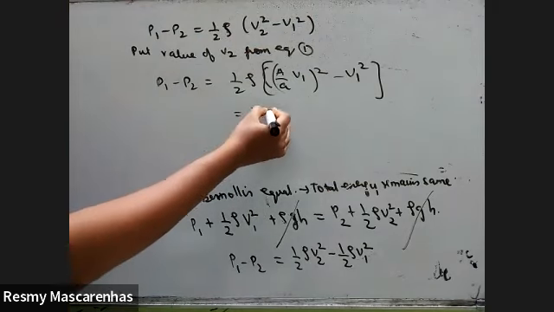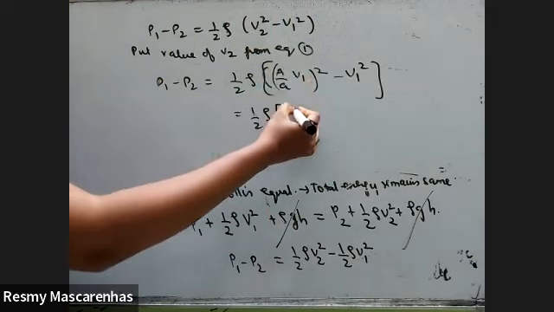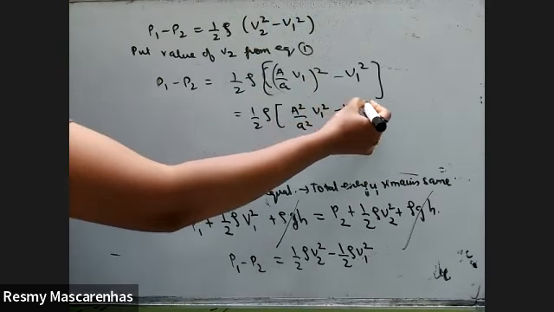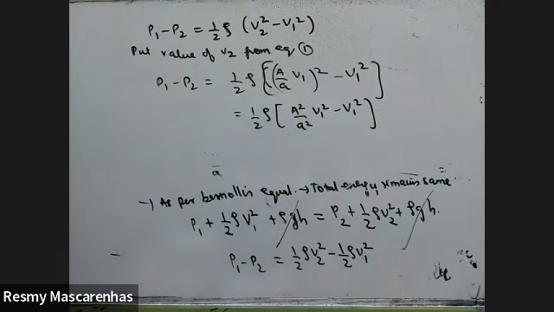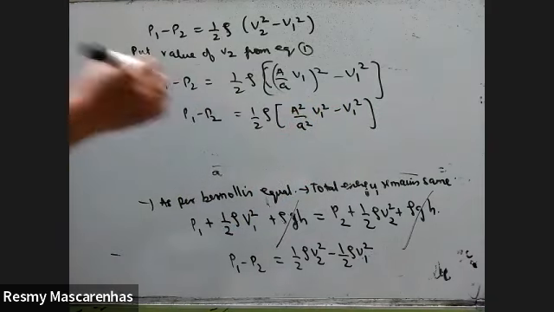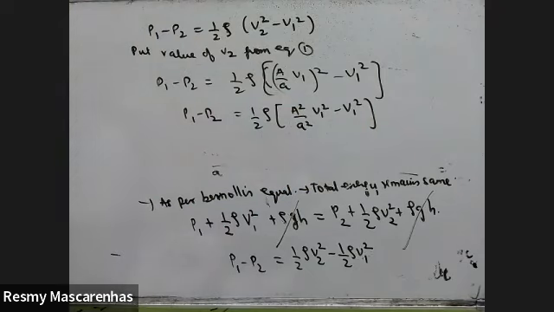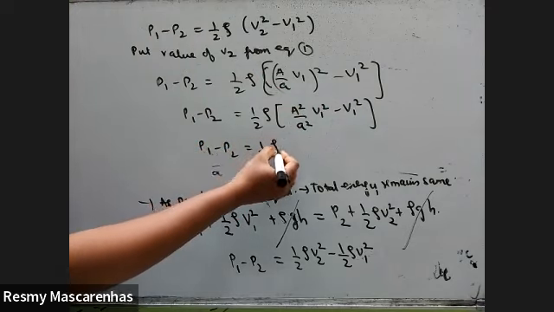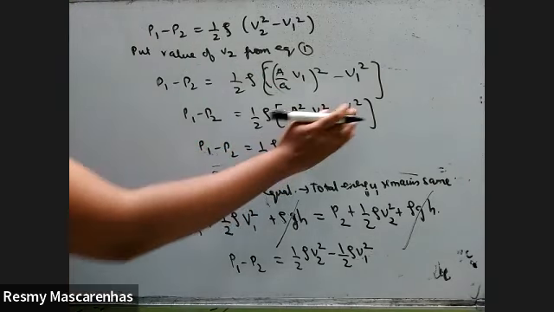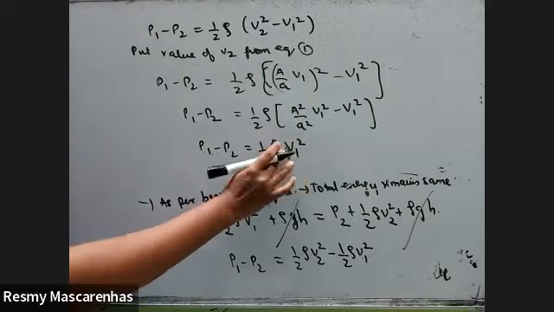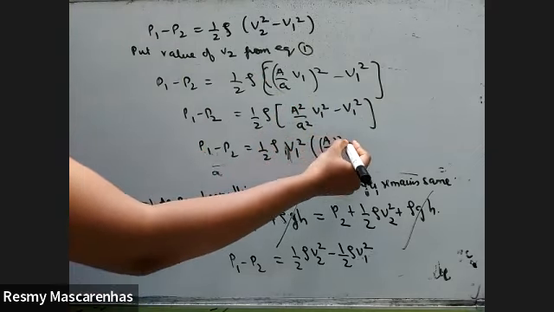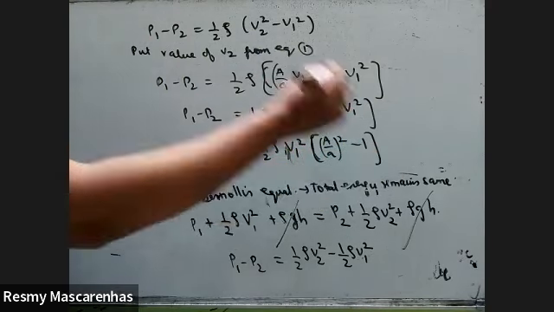Now half rho, open up the bracket, this will be A square upon a square V1 square minus V1 square. Take V1 square out. V1 square I'm taking common. And just write it like this, minus 1.